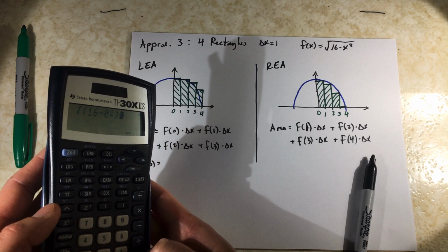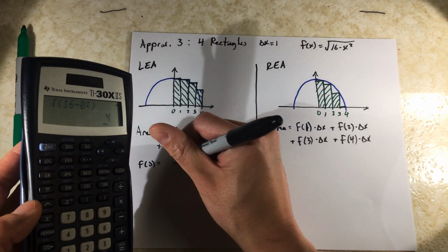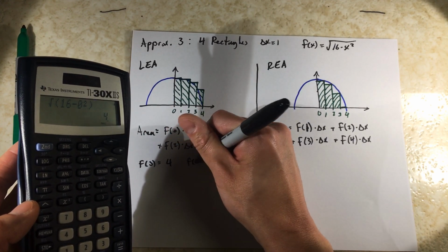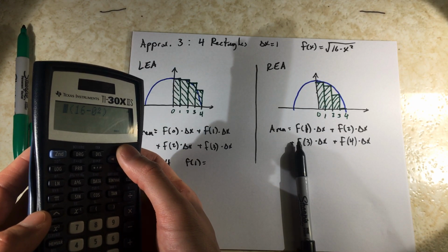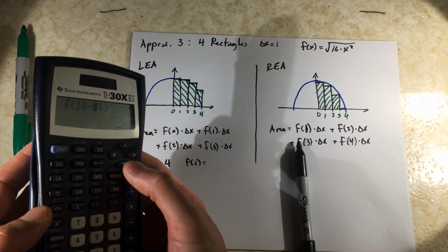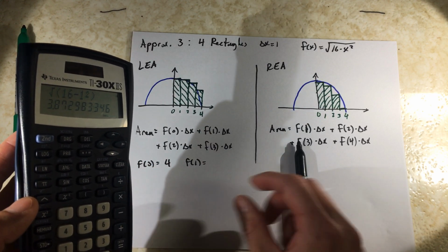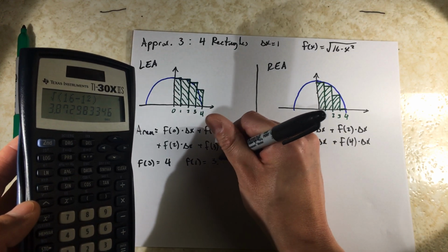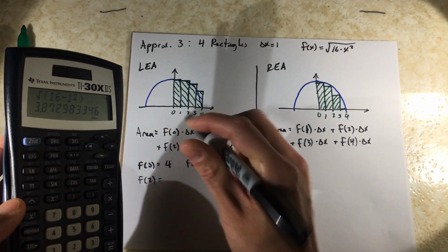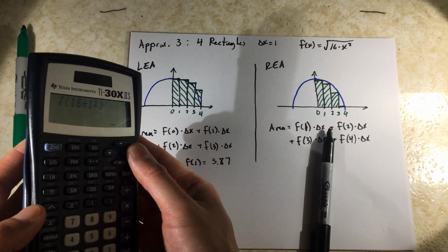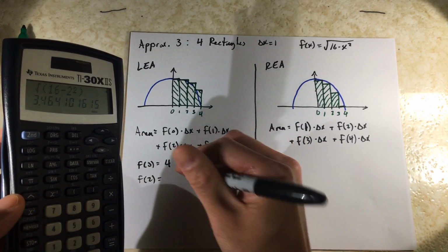So that is my f of 0, which is 4. If I want f of 1, I can just press the up arrow, and that'll allow me to change this value. So I'm going to change the 0 to a 1. So x equals 1 now, and I get f of 1 is 3.87. And then for f of 2, I'm just going to press up and change this 1 into a 2. That's 3.46.